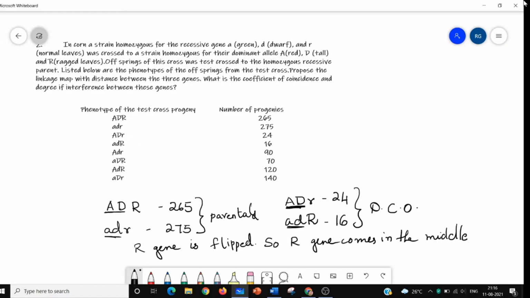So now we are going to rewrite this table so that all the R genes are in the middle. Then we are going to find out single crossovers at region 1 and single crossovers at region 2. Then we are going to find out the recombination frequency, and based on that we are going to see how much is the distance between those genes.